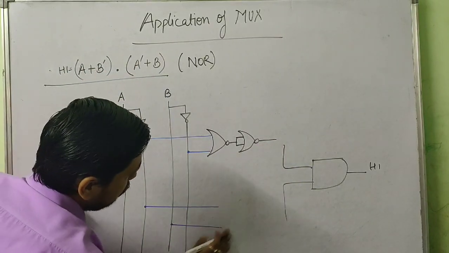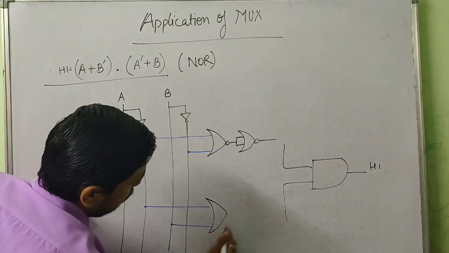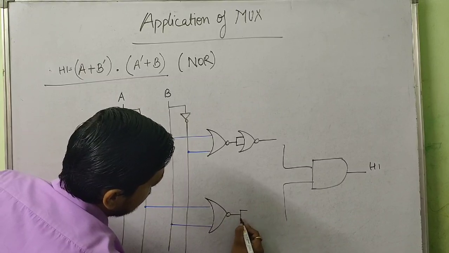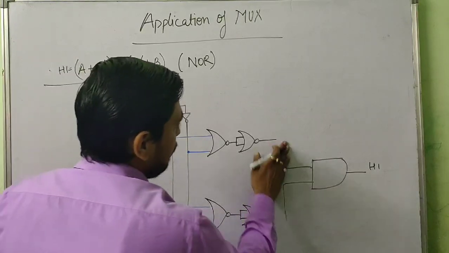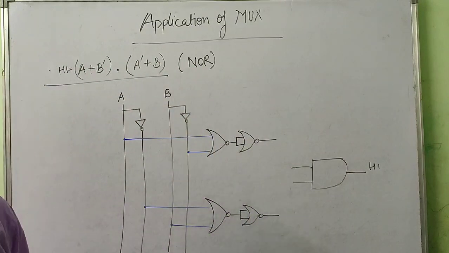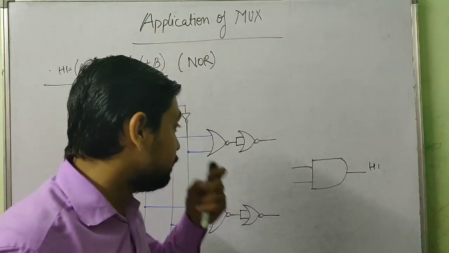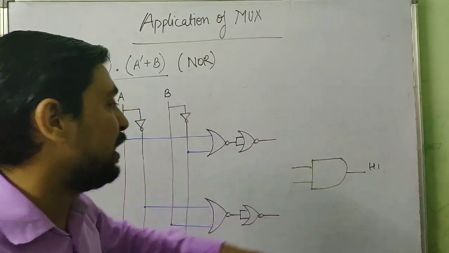Similarly here also, the first NOR, and the result is divided into two, and the second NOR. Now both the results of NOR should be ANDed. Now how to AND them? We have to first complement them and then provide them to a NOR.